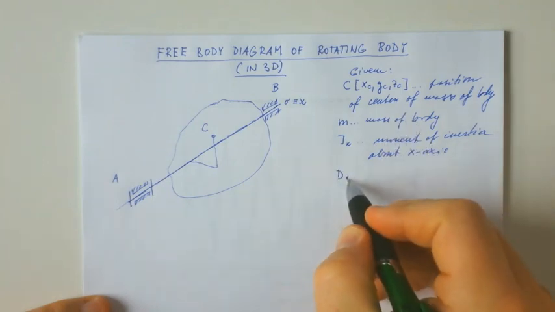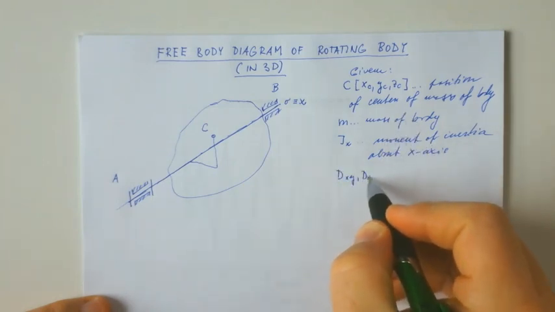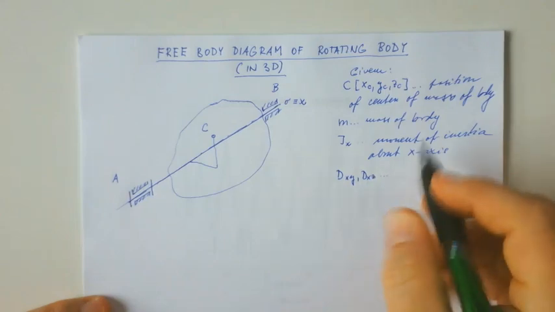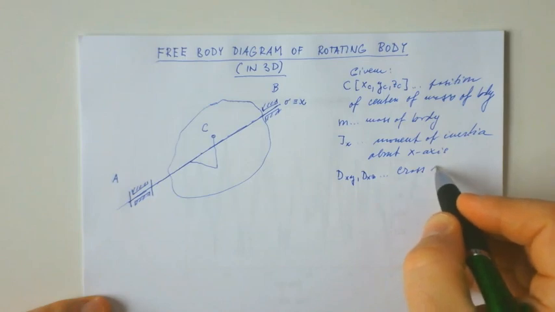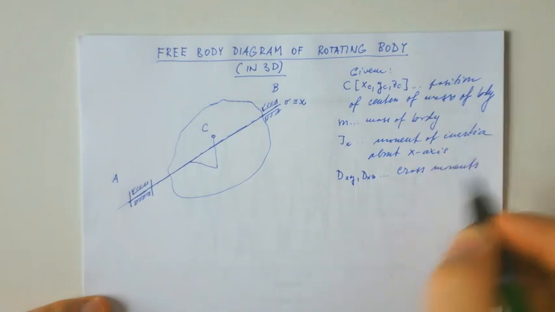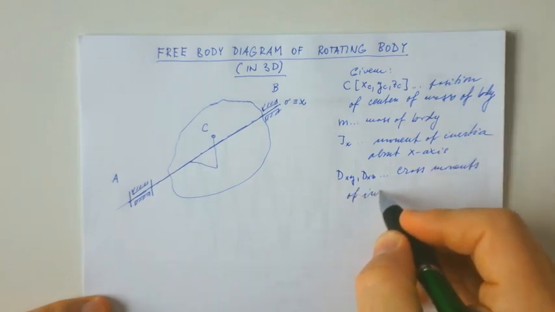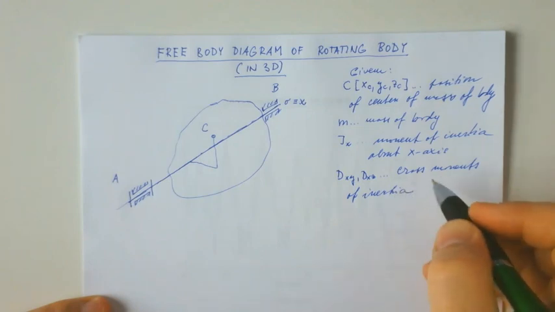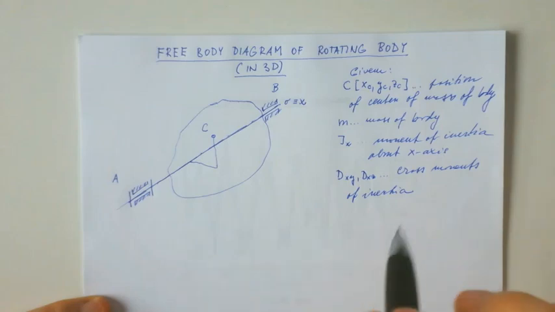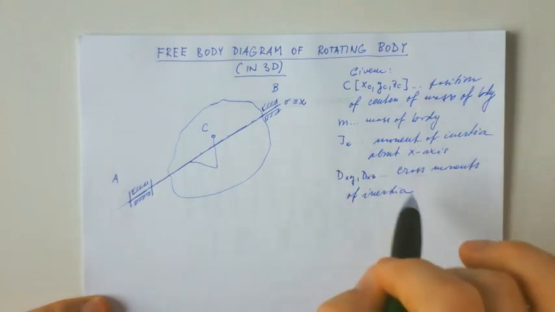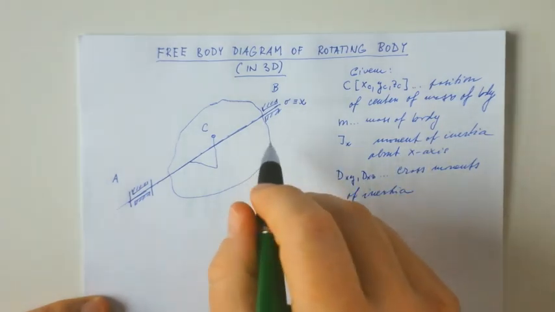We know dxy, dxz, so cross moments of inertia. And I will add something in a minute.